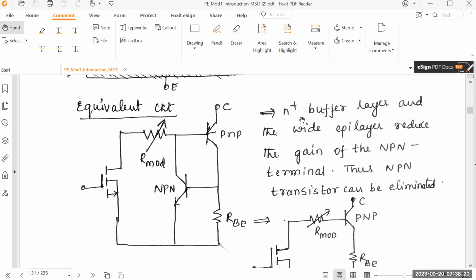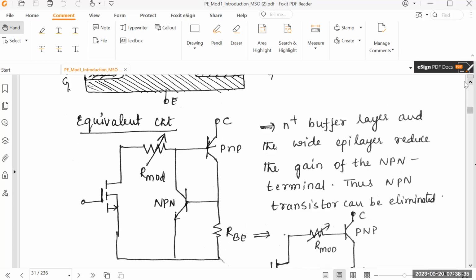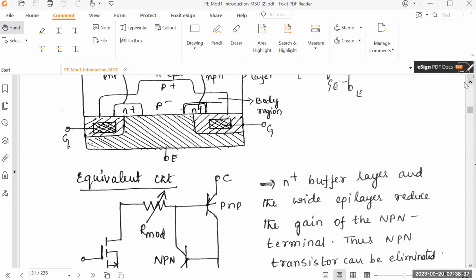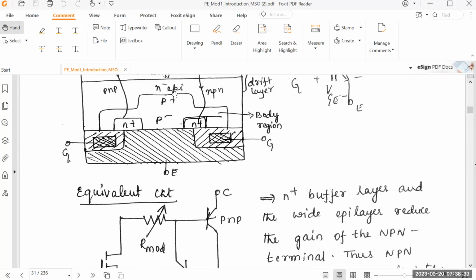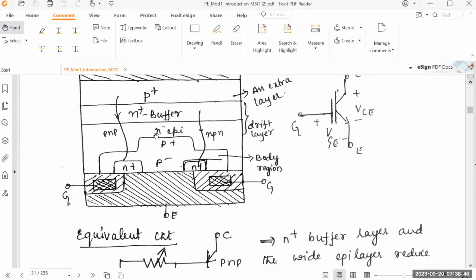Now see, the N plus buffer layer and the wide epitaxy layer reduce the gain of the NPN transistor. Thus, the NPN transistor can be eliminated. In this NPN transistor, the epitaxy layer and the N plus region above it will reduce the gain.